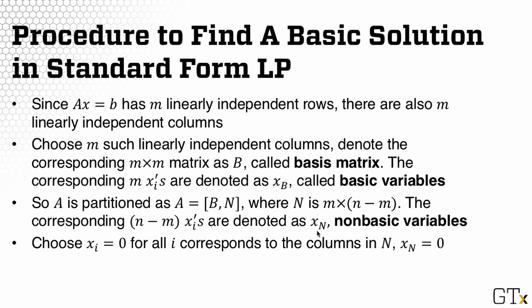The way to find a basic solution is to set all the variables in xN to be 0. For all the columns corresponding to N, I set the corresponding xi to be 0. These xi equal to 0 are active constraints coming from xi greater than or equal to 0. The non-negativity constraint becomes active for how many of them? Well, n minus m, because there are n minus m non-basic variables.